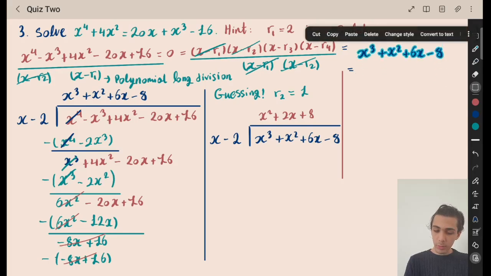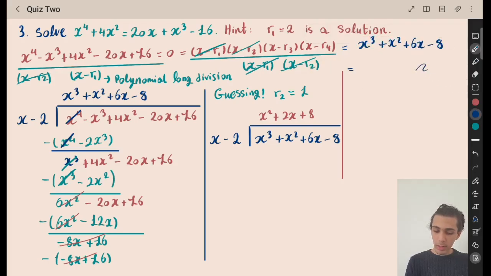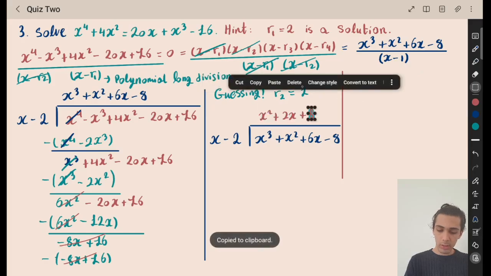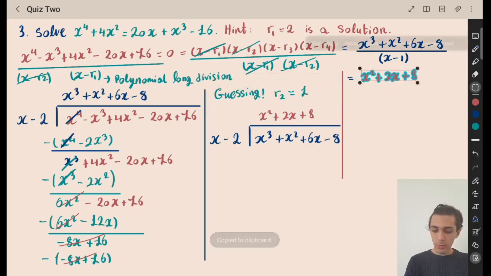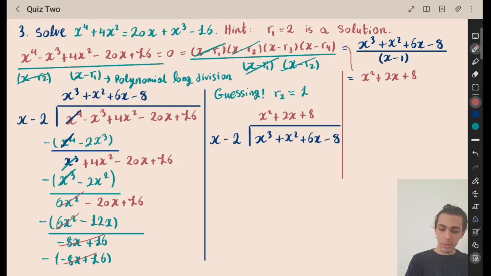So this is our degree 3 polynomial, and we've already divided it by x minus 1, and that gave us x squared plus 2x plus 8. And if you follow this whole sequence of equations, you actually get that this is equal to 0. So again, I'll just write it again.